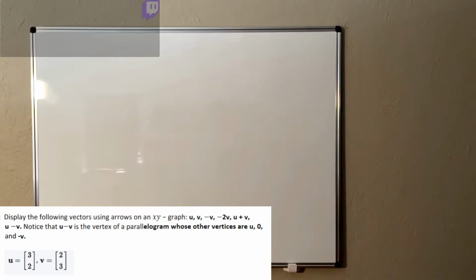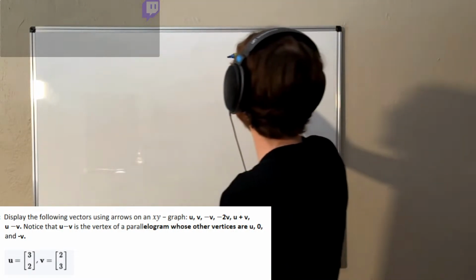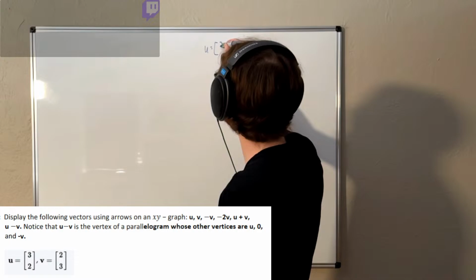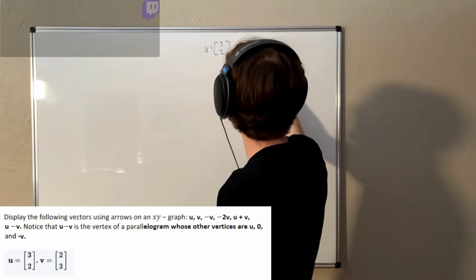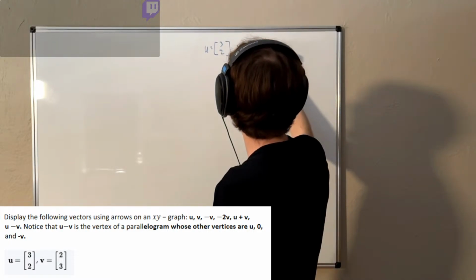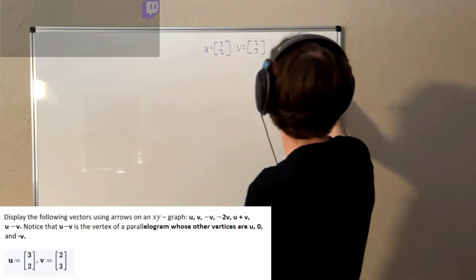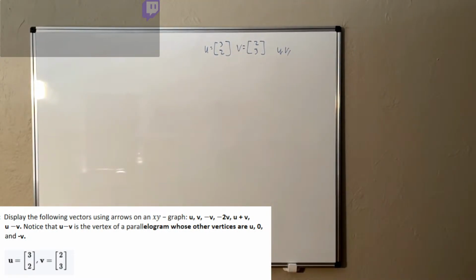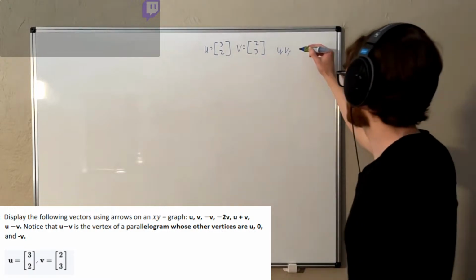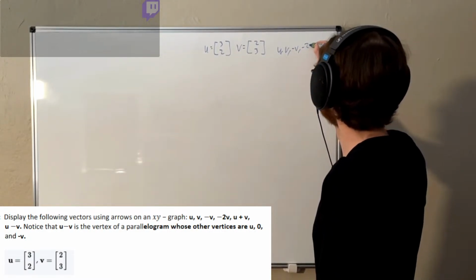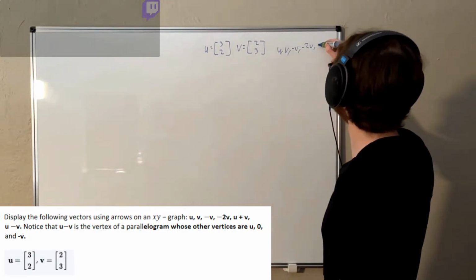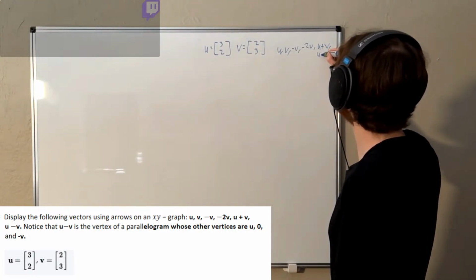So U is 3, 2, V is 2, 3. We need to graph U, V, minus V, minus 2V, U plus V and U minus V. Okay.